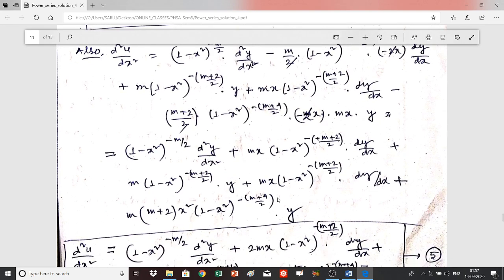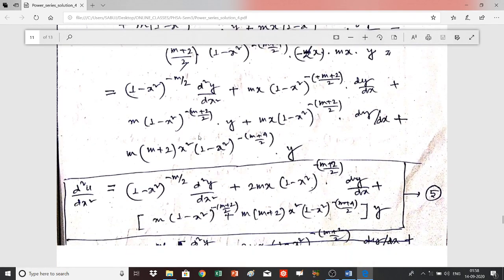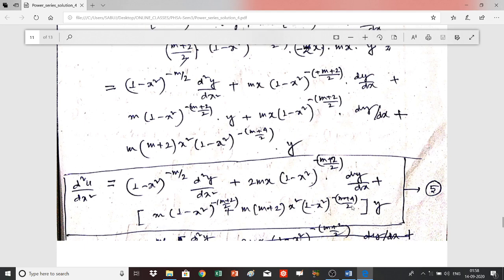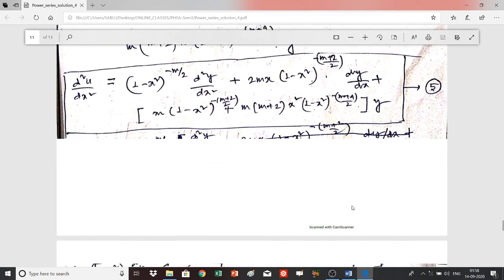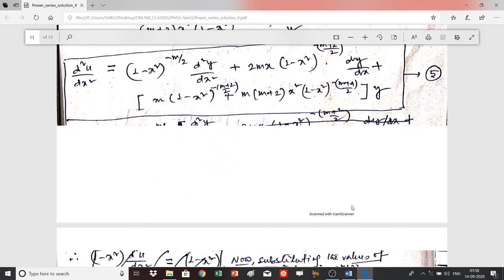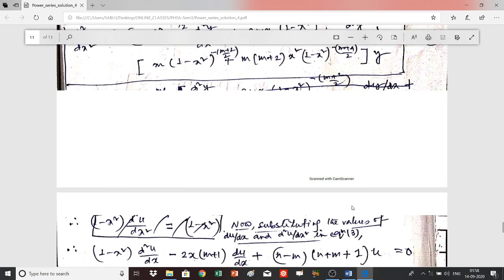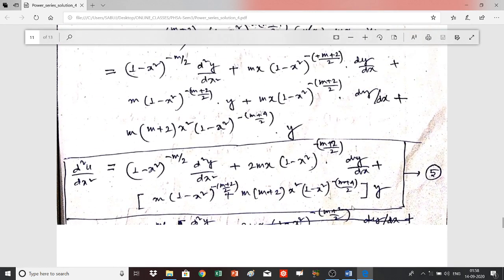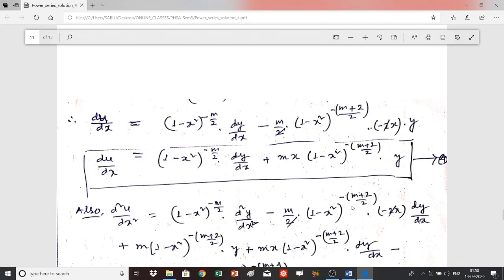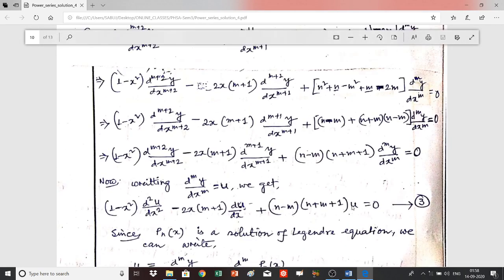Here is mx, so I just write this in this box. Here only y is taken as constant for the last three terms. Now to substitute these values, that is d2u by dx square and du by dx, in equation 3, that means in this equation.